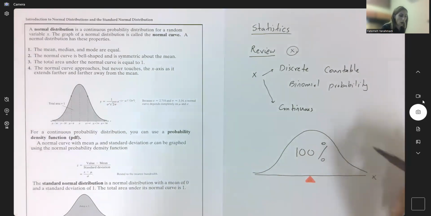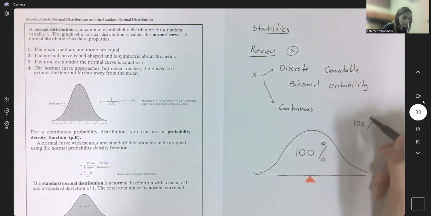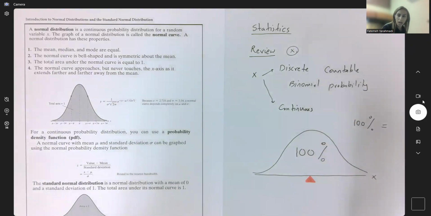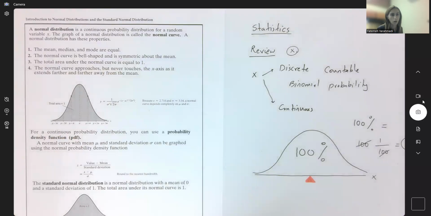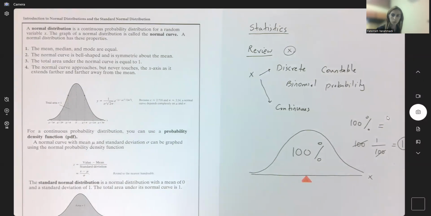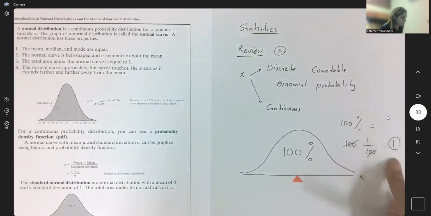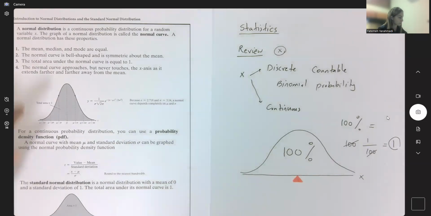So if you have 100%, the meaning of that is you have 100 multiplied by 1 divided by 100. You can cancel out 100 and 100, you get 1. So the total area below the curve is equal to 1. Perfect. So let me move this a little bit so you can see 1. Here we go. So 100% or 1.